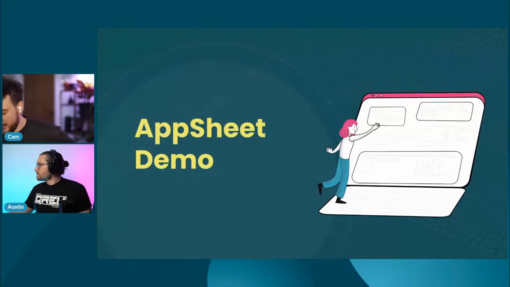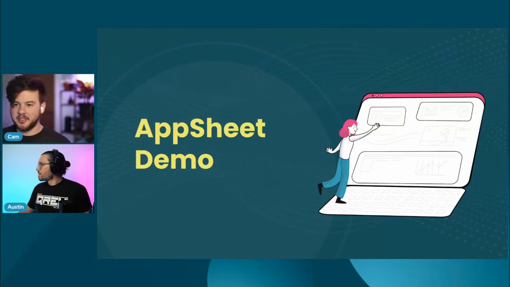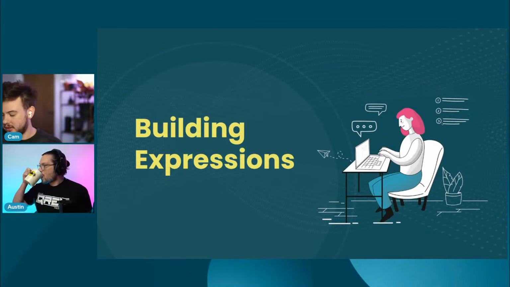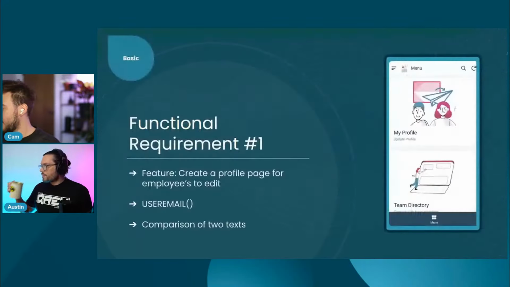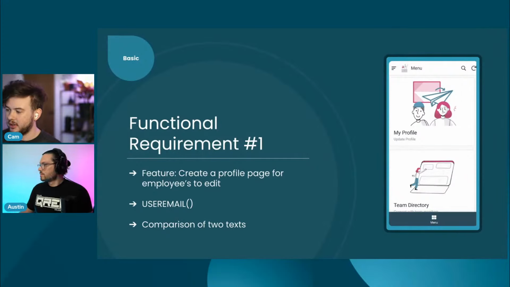All right, guys. Welcome to the AppSheet demo. Today we're going to be talking about expressions, and we've got 3 that we're going to be focusing on. The first functional requirement is that we want to create a profile page for the employees to edit.